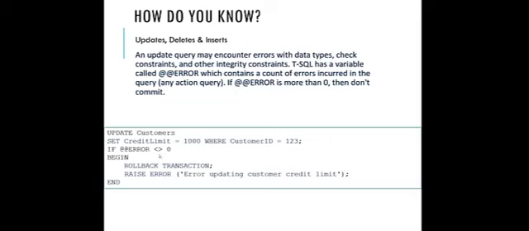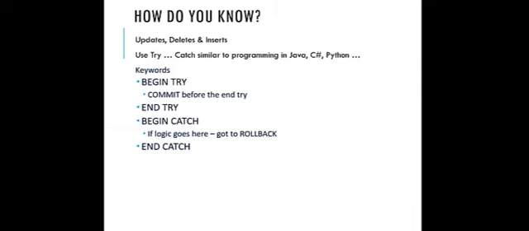So if there is an error, this will be not 0, and that is the symbol for not equal to 0, and we will roll back the transaction. Notice there's also a keyword we can use in Transact SQL that will send the error message back to whoever's executing this transaction.